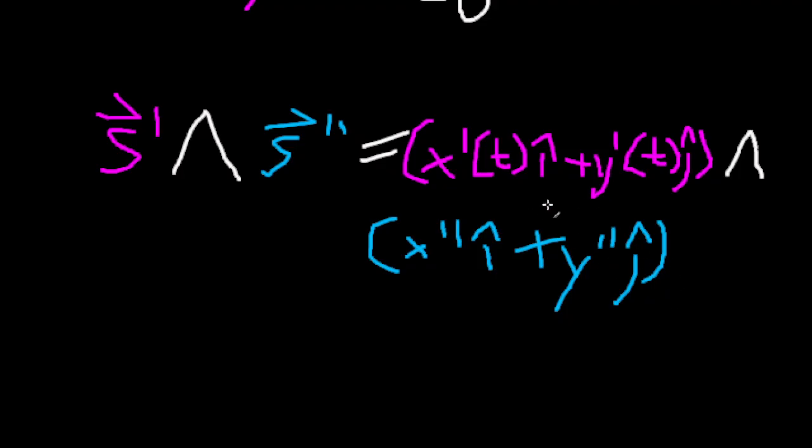Okay, so now that we have it written in this form, we can do a bit of the distributive property. Because as it turns out, the wedge product acts like normal multiplication in terms of the distributive property. So let's go ahead and write each of these terms down.